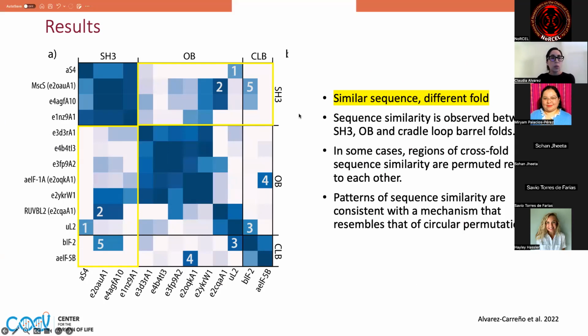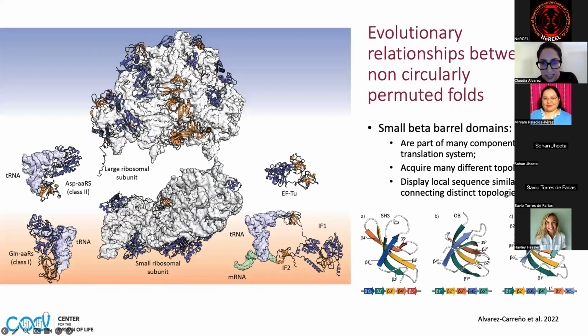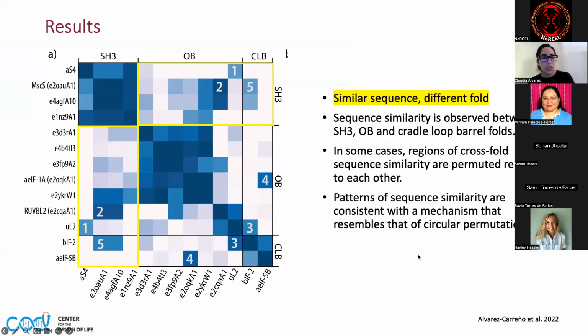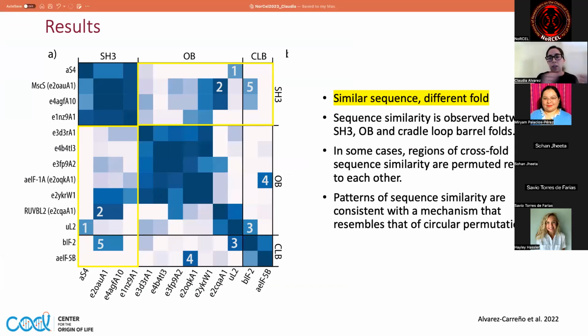So what we got after we did the search, as I explained before, so we took the 3 types of small beta barrels that are shown here that I didn't present. There are 3 types of the most frequent beta barrels, SH3, OB, and CLB. The names don't matter much, but these 3 groups are essentially different in the linear connectivity of the secondary structural elements.